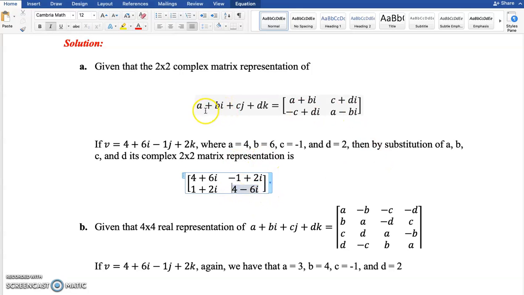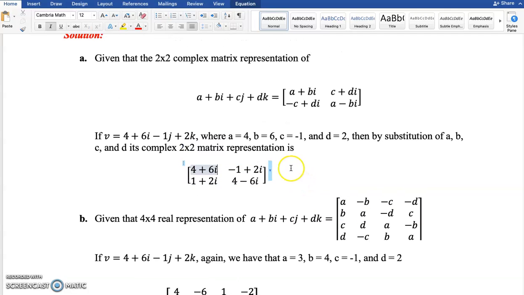So the 2 by 2 complex matrix representation of quaternion V is this one: 4 plus 6i, negative 1 plus 2i, 1 plus 2i, and 4 minus 6i.